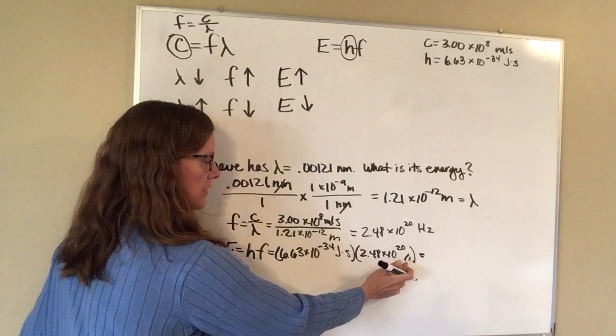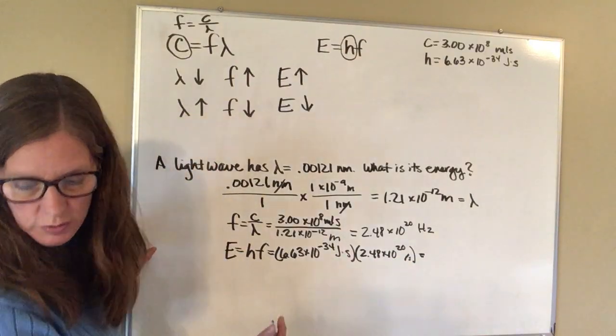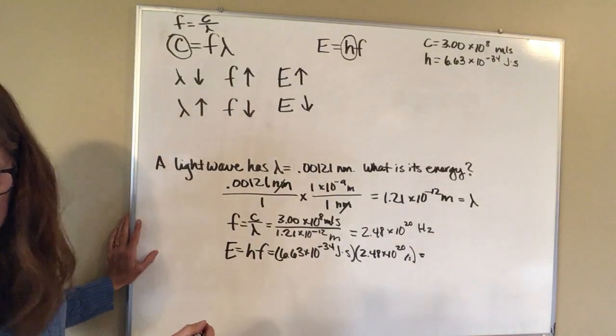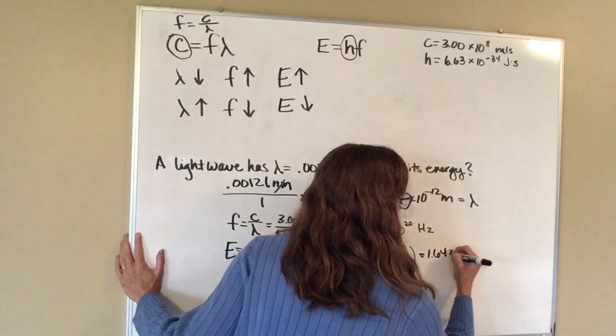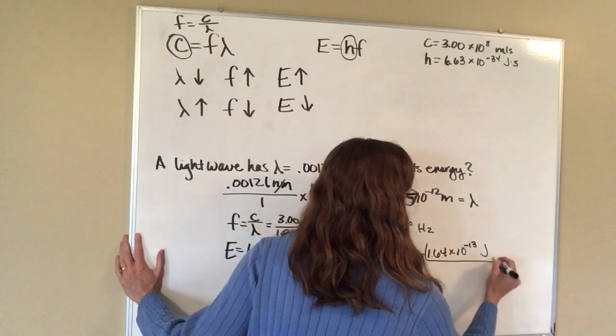And then if I write it like that, you can see that these seconds actually cancel out and I'm left with units of joules. And so I will have a final answer, and it will need to be in 3 significant figures, 1.64 times 10 to the minus 13th joules.